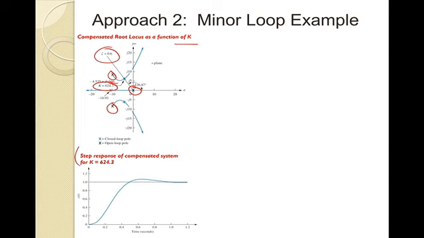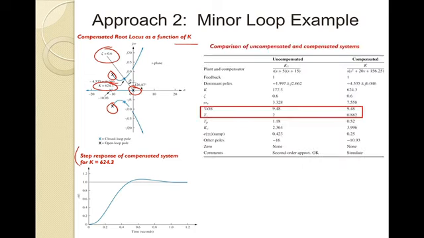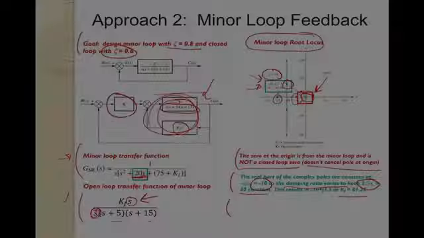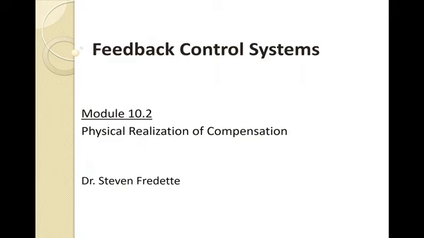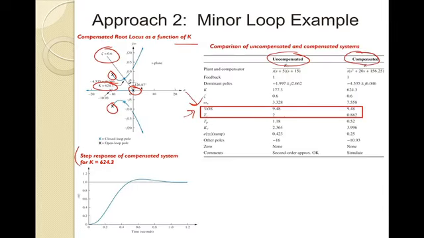Then we can do a comparison of the uncompensated system versus the compensated system, where the percent overshoot is roughly the same for both, and the settling time has come down by more than a factor of 2. Again, we wanted the minor loop with damping of 0.8 and the closed loop with a damping of 0.6, and we would have expected different overshoots.